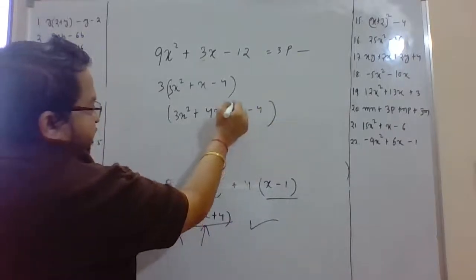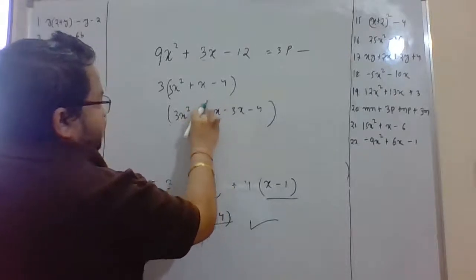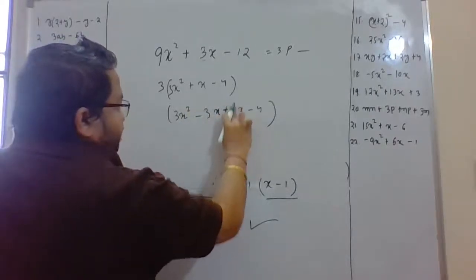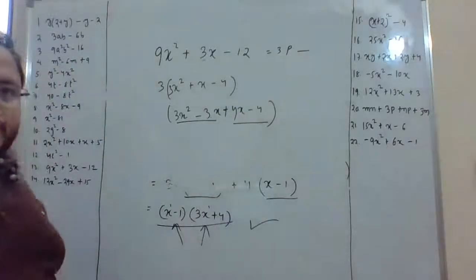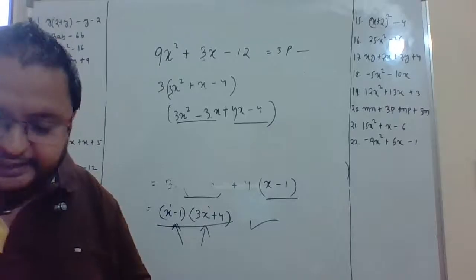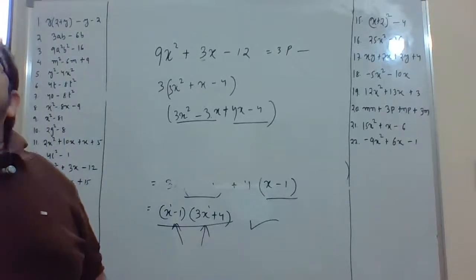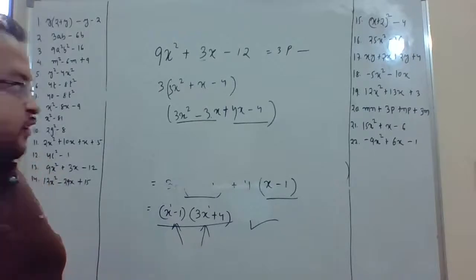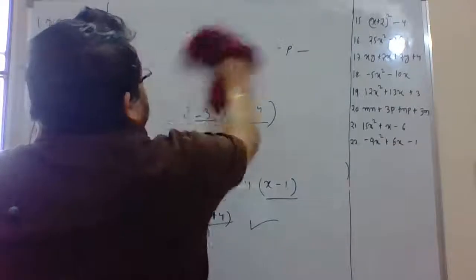Now, you can shuffle it, or put 3x squared minus 3x plus 4x minus 4, and then do the grouping by pairs and solve it easily. That's why we have been saying repeatedly that there are multiple ways of solving most of these problems. Okay, now let's go to the next one.